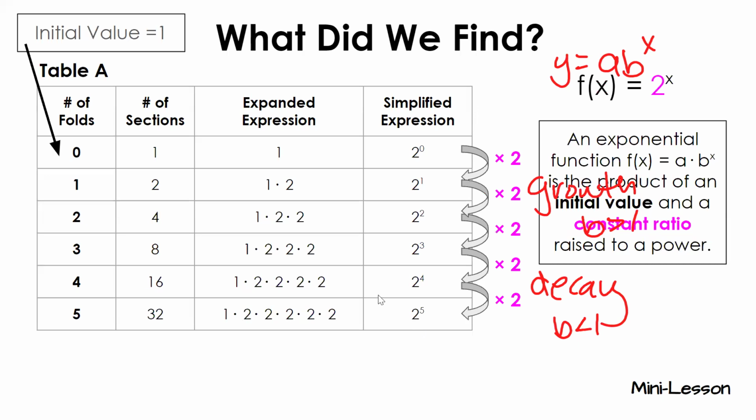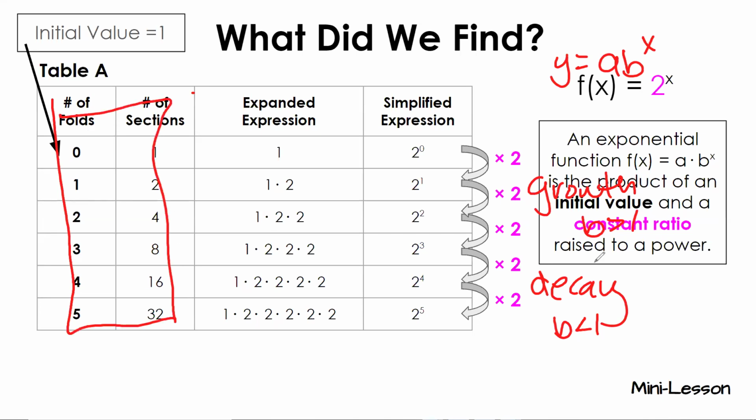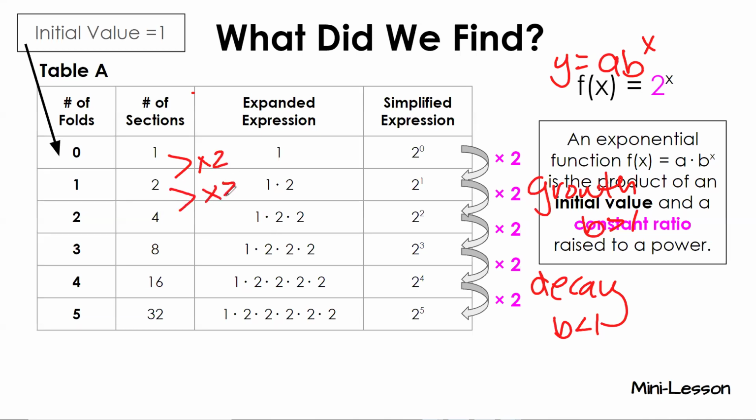Now, looking at our table, when you are given a table, you're only going to be given these 2 columns. You're not going to have 4 sections of columns. So looking at these first 2, we see that from here to here, we multiplied by 2. We're multiplying by 2 each time, right?